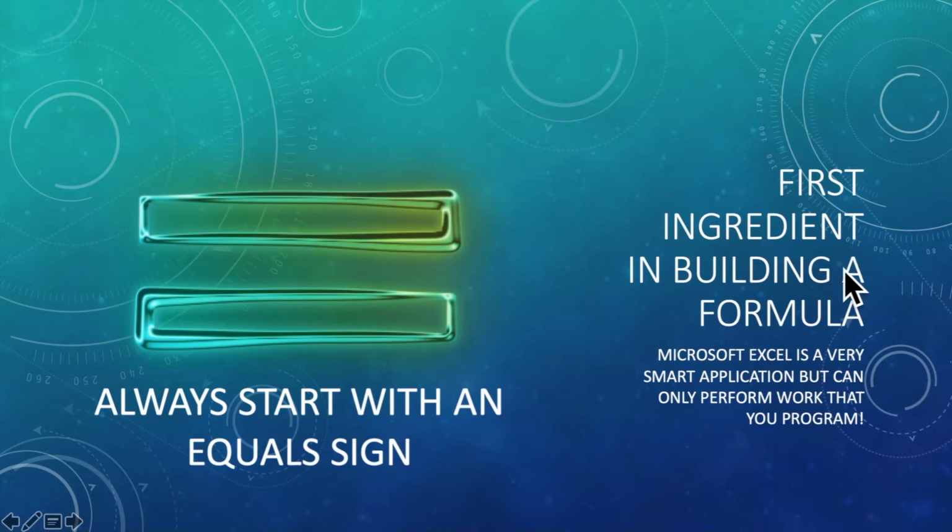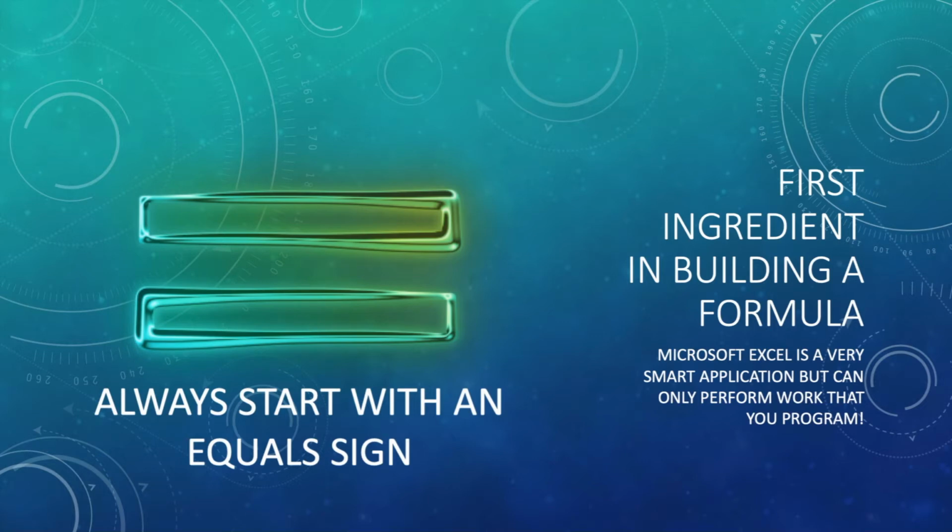The first ingredient in building a formula, you'll always start with an equal sign. The equal sign goes in front of the equation or in front of the formula. And what that is, okay, so I wrote it down here. Excel is a very smart application. I mean, it's going to be like a calculator for you. And there are all kinds of other really cool features.